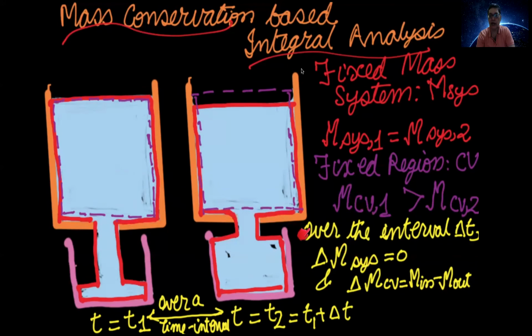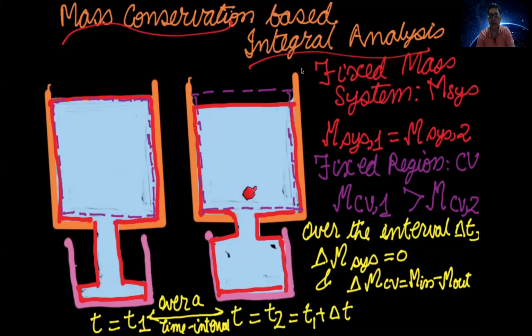So when there is no mass inlet, there is only mass outlet, and in that case you have a reduction in the mass of the fluid over the time interval of delta T. So the change in the mass of the liquid inside the control volume is a negative term here, because there is a positive mass outlet.